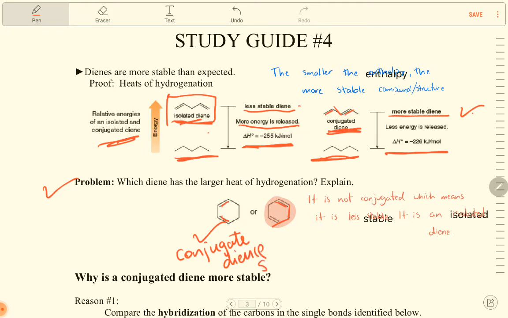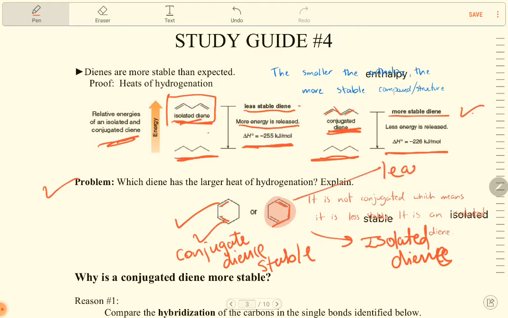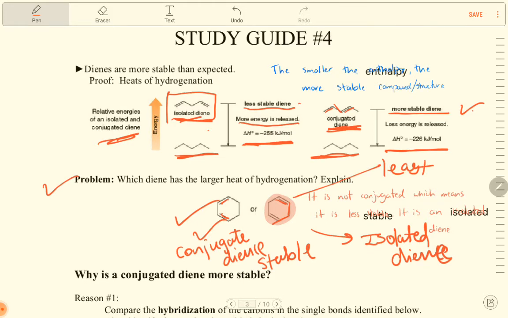They are stable. Then the isolated diene. So that's why these are more stable. So this is the least stable one. That's what it's asking in this question.